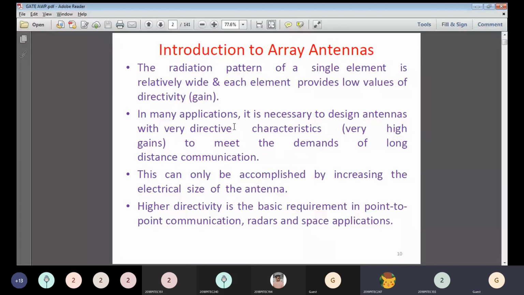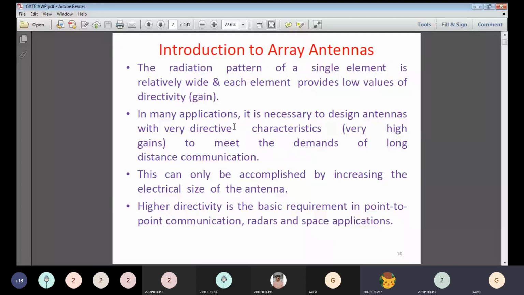The reference antenna is a hypothetical lossless isotropic antenna. So whichever antenna you take should have greater directivity and greater gain. For that, we need to design the antenna array concept.